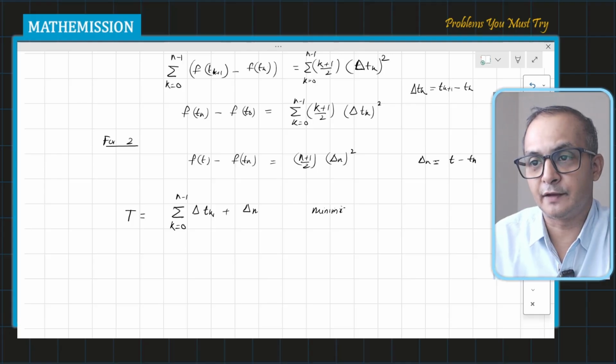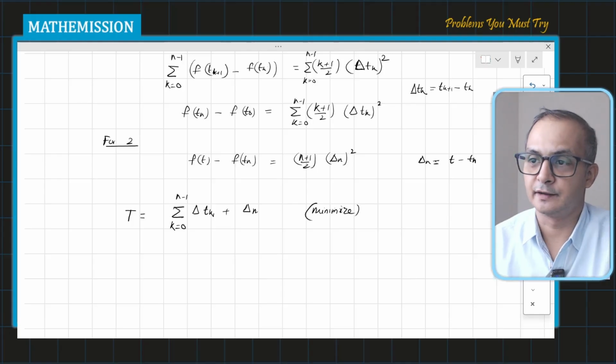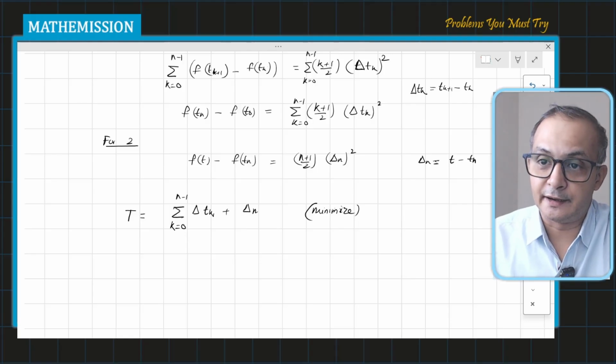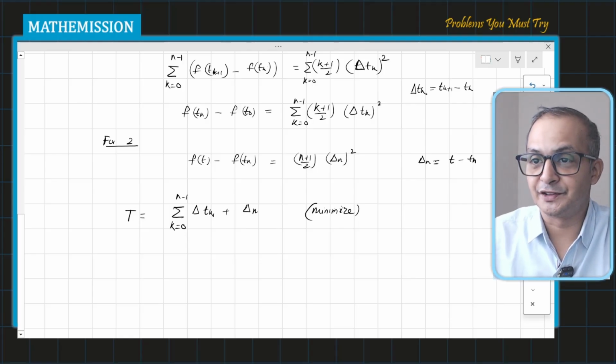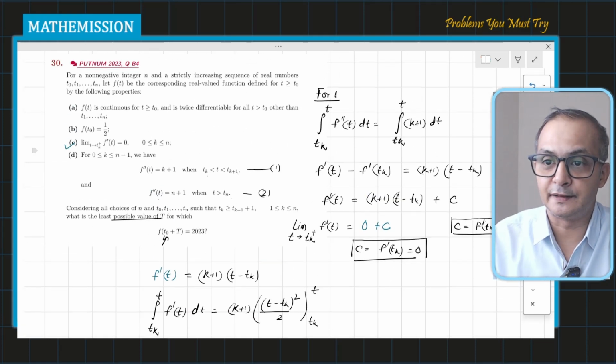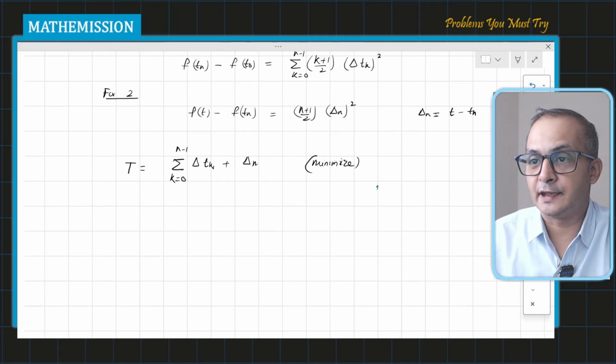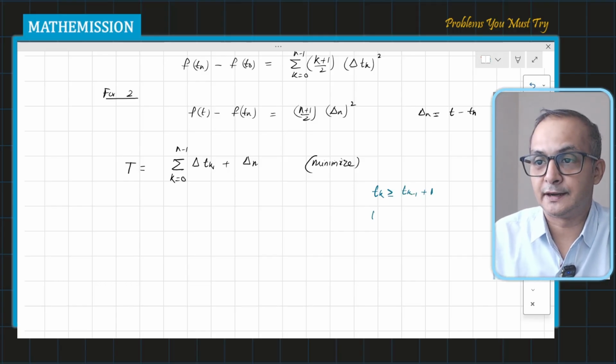So for whatever I have understood, this is the thing I can do. Now see, the delta tk: there was information in the question that tk is greater than t(k minus 1) plus 1. That tells us that tk minus t(k minus 1) should be greater than 1.